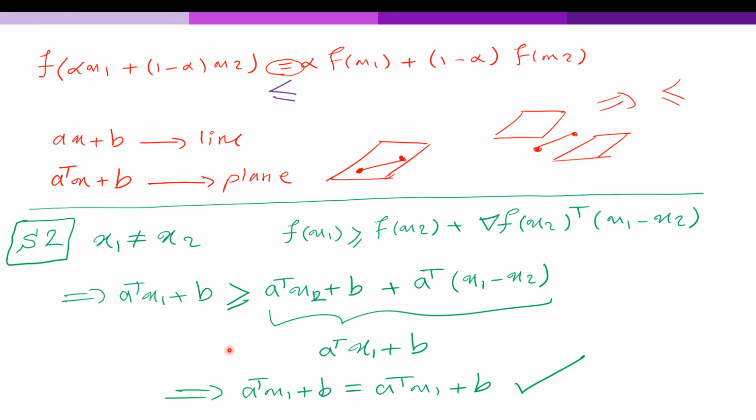Let's move on to the next slide and show you solution number 3 using the third definition. For solution number 3, we need to take the derivative of that function twice. f of x is a transpose x plus b.